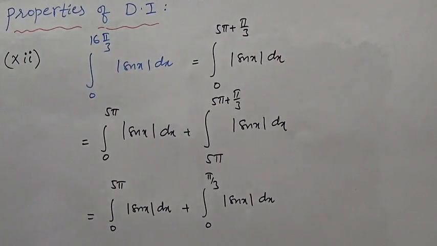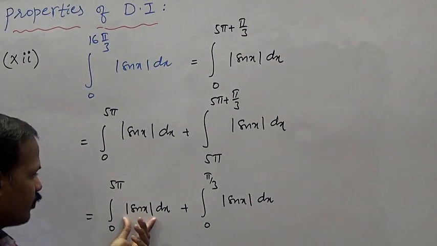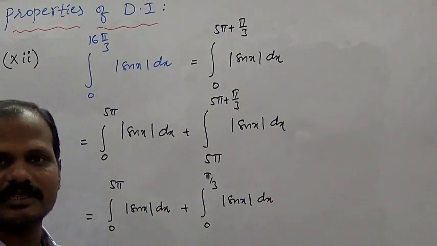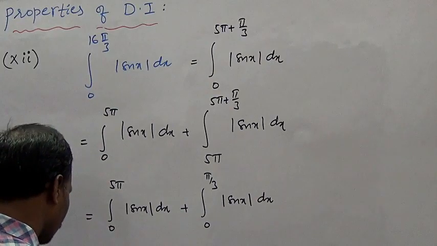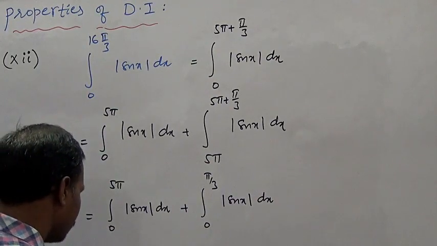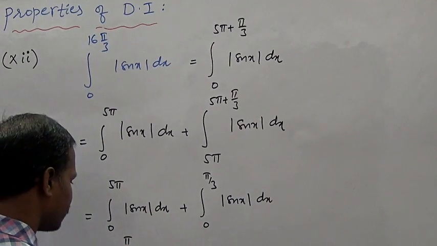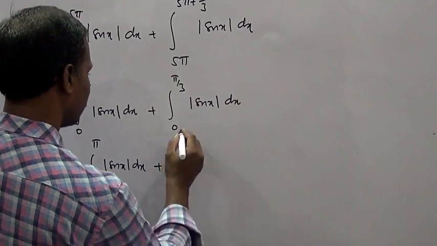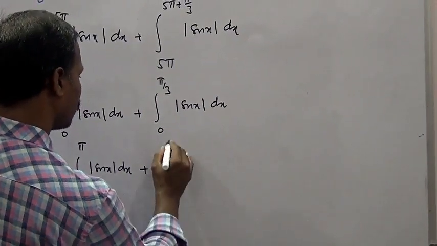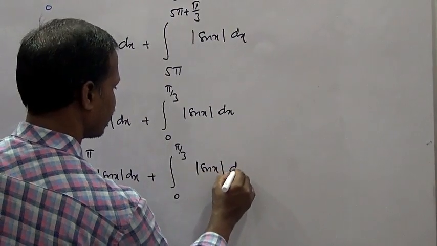Now here, what is the period of mod sin x? The period of mod sin x is pi. So this can be written as 5 times the integral from 0 to pi of mod sin x dx plus the integral from 0 to pi by 3 of mod sin x dx.